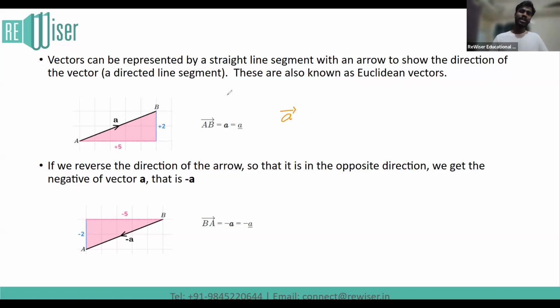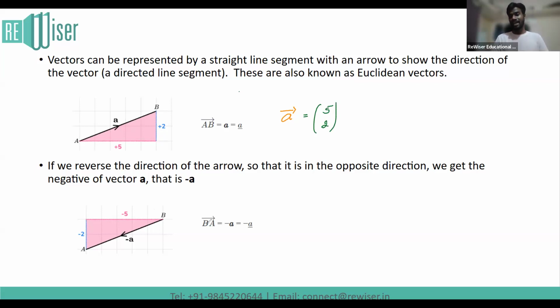For any vector, there will always be two components: a horizontal component and a vertical component. Here, vector A is 5 units to the right and 2 units up. We denote it like this. We will also see this in the next slides.